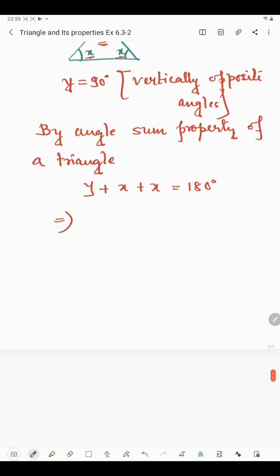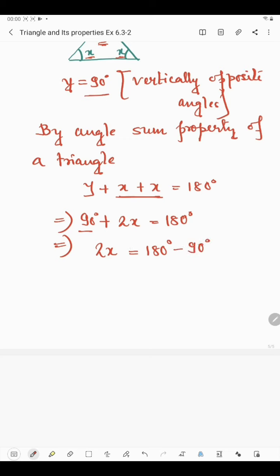Now here y's value we have got already, which is 90 degree, plus x, these two are like terms, so we can add these two. So x plus x is 2x, and 90 plus 2x is equal to 180 degree. Now at first we will remove 90 degree and 2x will remain the same on the left hand side. So 2x is equal to 180 degree minus 90 degree.